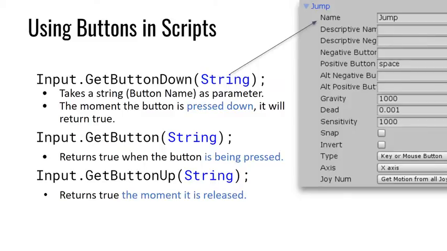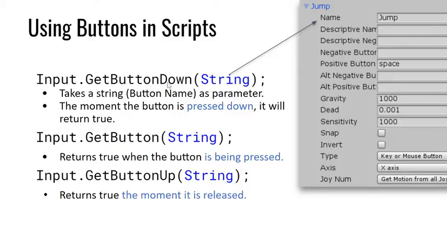So in the code, this is how you would access or get the state of the buttons. There's input.GetButtonDown and a string. For the string, you put in whatever the name of that input is. So for jump, you would just put jump.